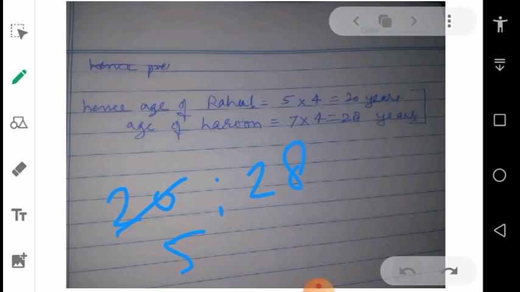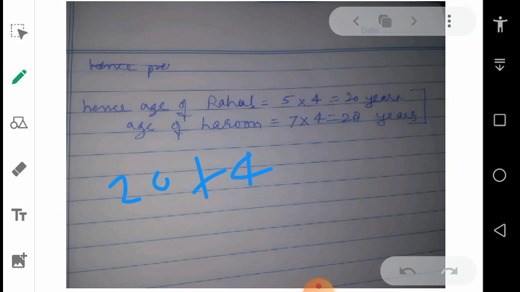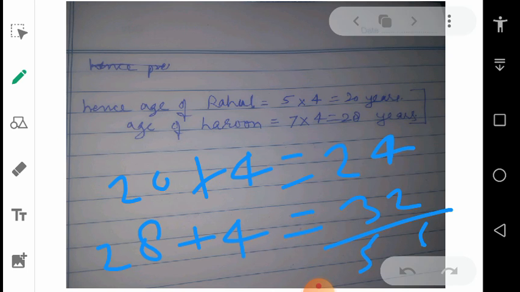Now check the ages after 4 years. The age of Rahul will be 20 plus 4, that is 24. And for Harun, his age after 4 years will be 32. Now the total age after 4 years will be 56.